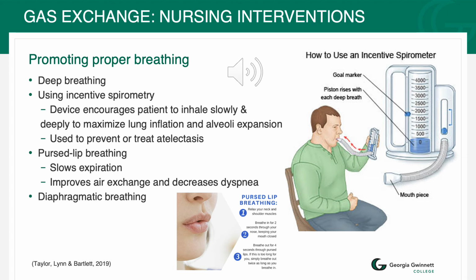The diaphragmatic breathing technique is described in your Hinkle book in chart 17.5. But basically, again, it's to promote the lung expansion as well. You get them in a semi-Fowler's position, prop them up in bed with some pillows, and then have them put their hand lightly on their lower ribs or their chest area.